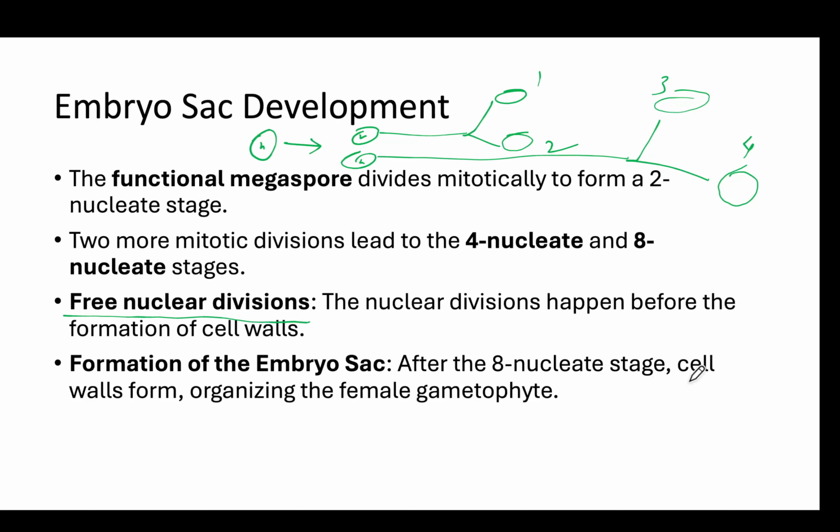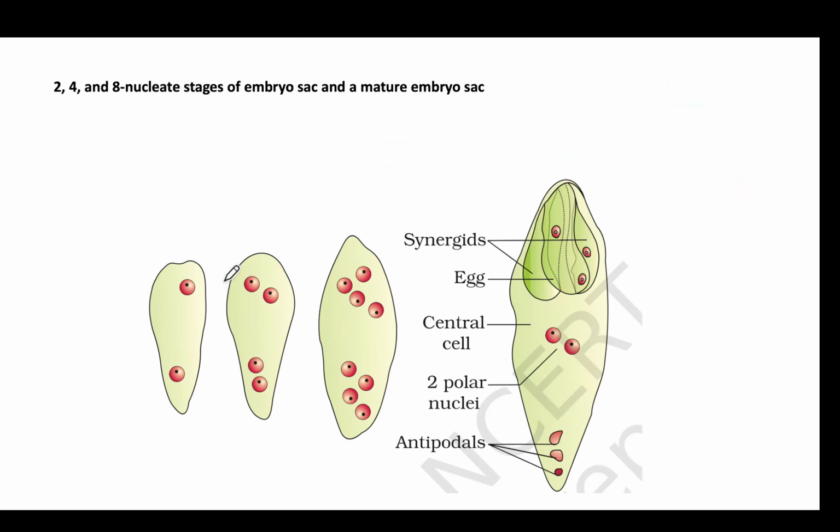So it's not like suddenly the cell wall and other structures will form in the megaspore. No, they'll form after some time. So that's why we are calling it the 8 nucleate stage. Clear?